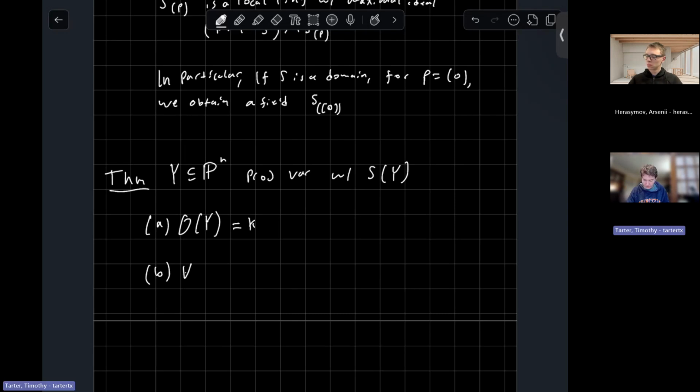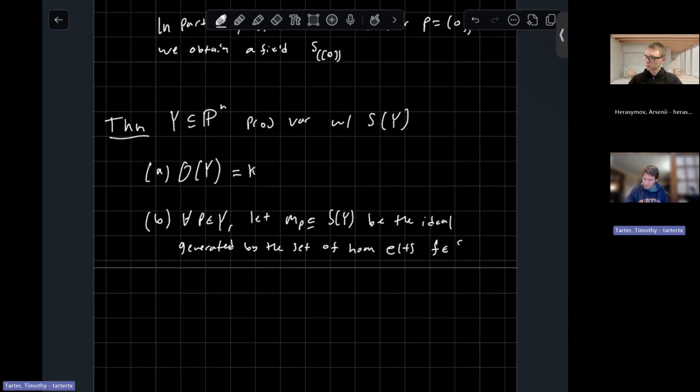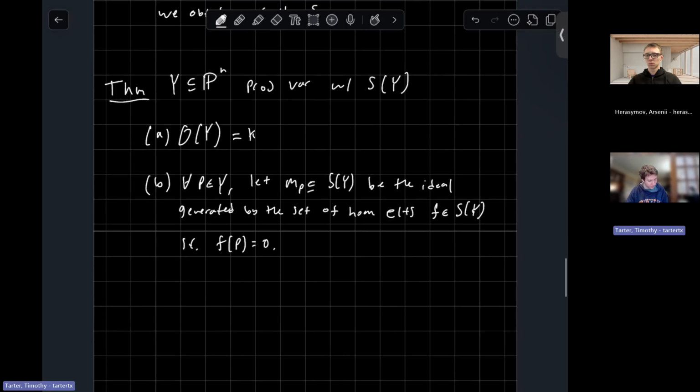And then for any point P in the projective variety, let MP, contained in the homogeneous coordinate ring, be the ideal generated by the set of homogeneous elements F in S of Y such that F of P is equal to 0.